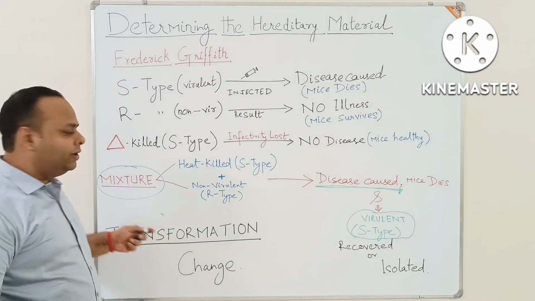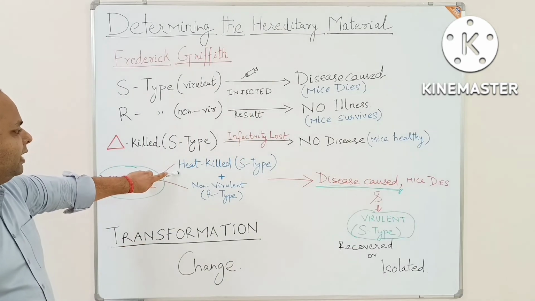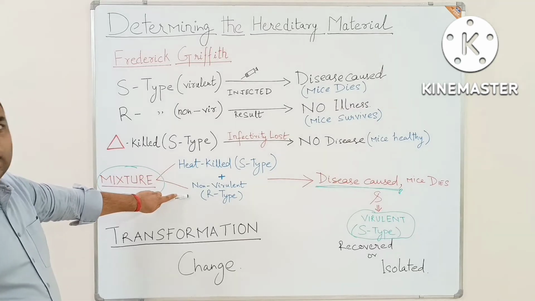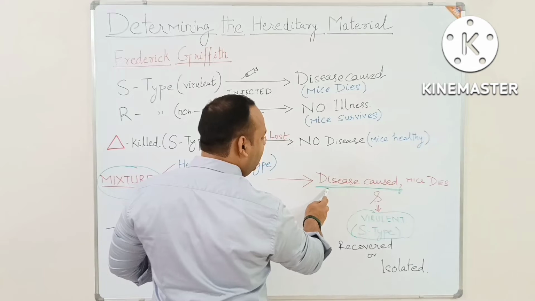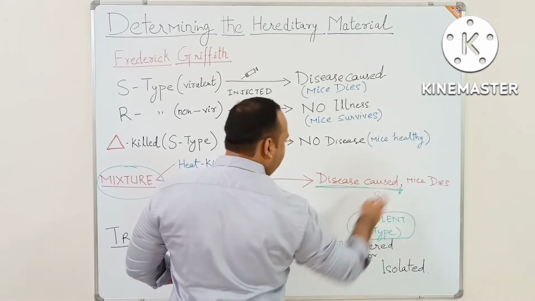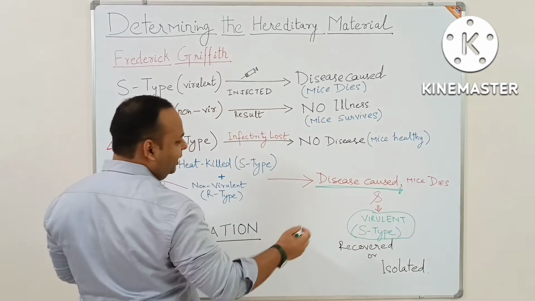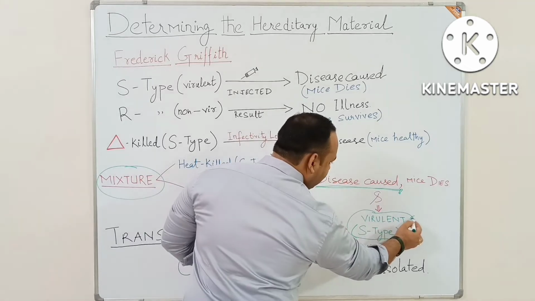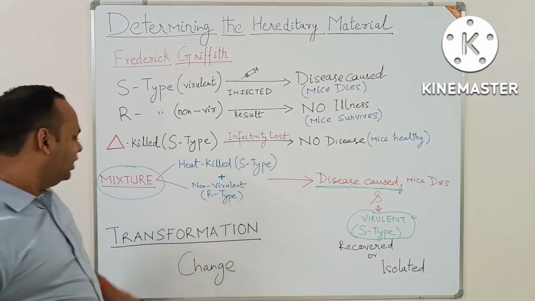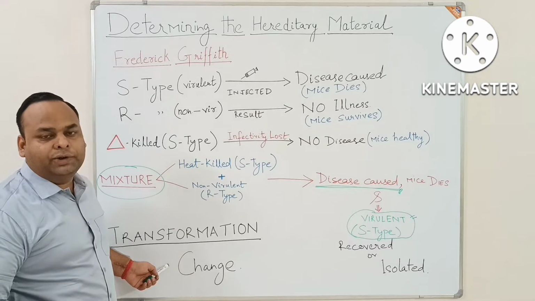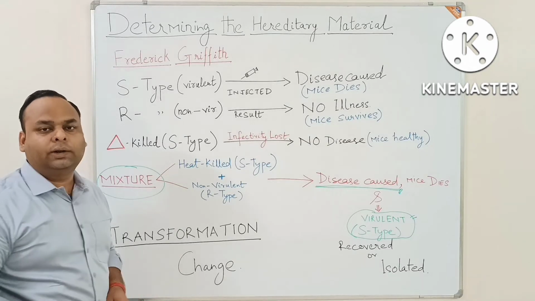But when a mixture of heat-killed S type and non-virulent R type are injected together, strangely the disease occurs and the mice die. From the dead mice, the virulent S type strain was recovered. Thus there was a change, or transformation, in Diplococcus pneumoniae.